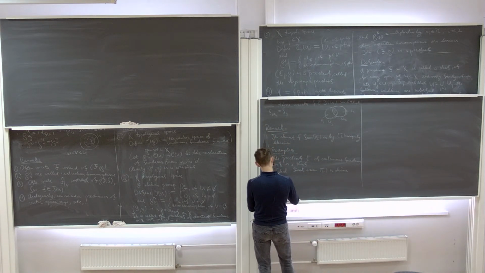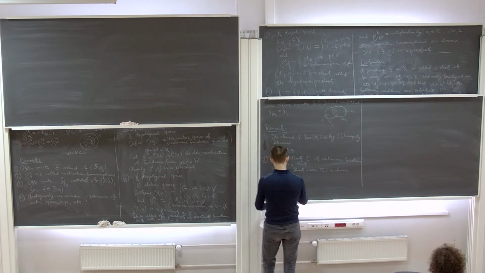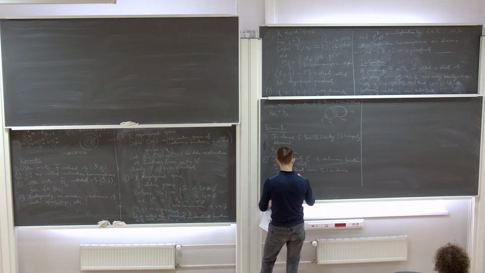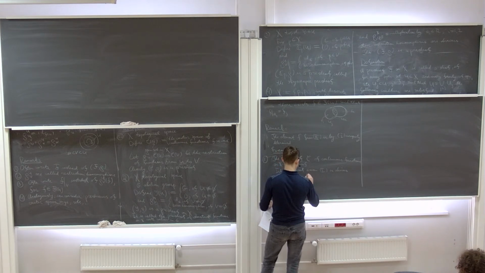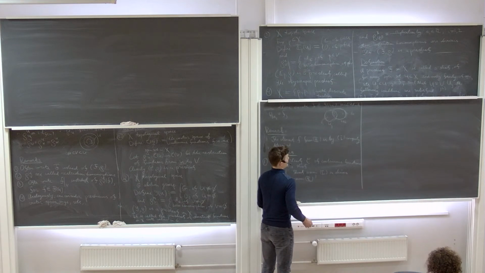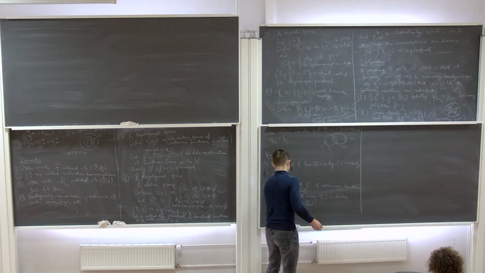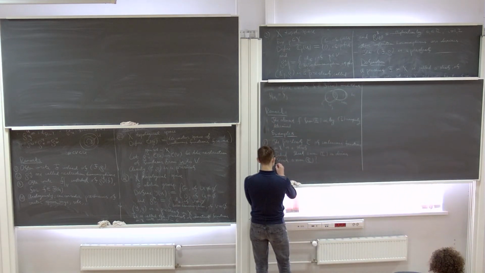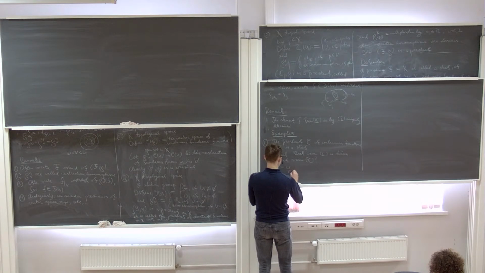So what about sheaf axiom 2? It's also very easy because what we have is U equal to the union of Uj.